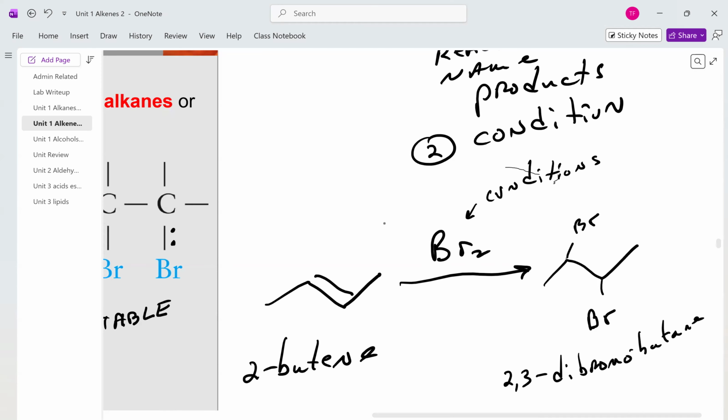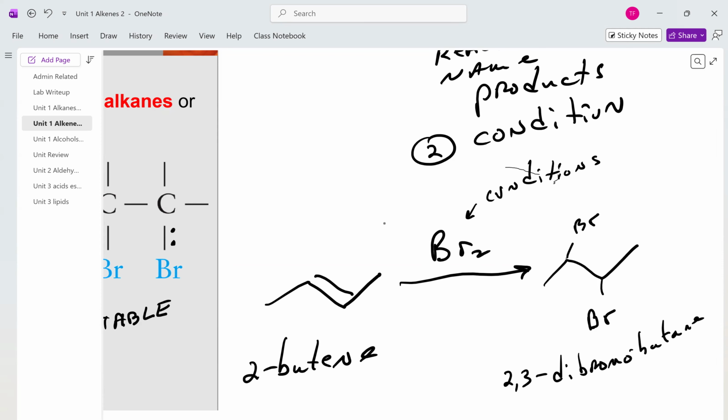So on a test, I could cover up the product and say, what happens? Or how do I make 2,3-dibromobutane? So the 2-butene would be a precursor, one way to make it.